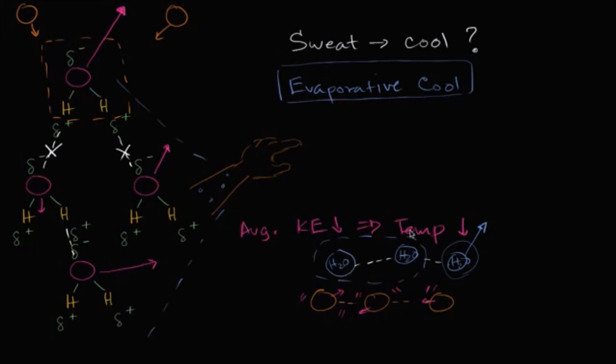Then the ones that have the most kinetic energy might escape again. One way of thinking about it is that all that heat is being used to allow these individual water molecules to escape, to vaporize. So that heat is leaving your body, which allows you to cool down. Cooling down happens by heat actually leaving. So that's how evaporative cooling actually works.